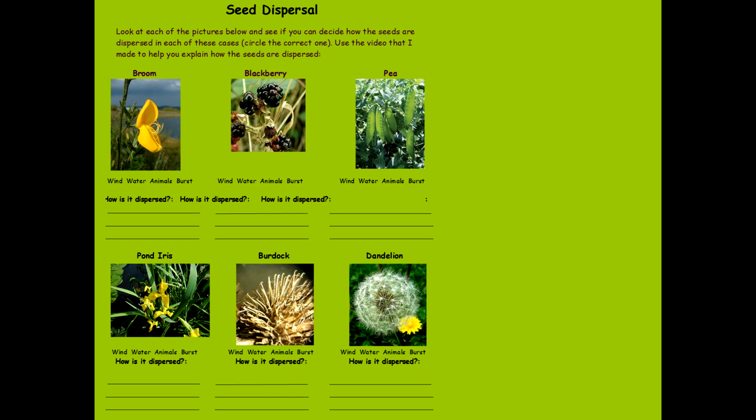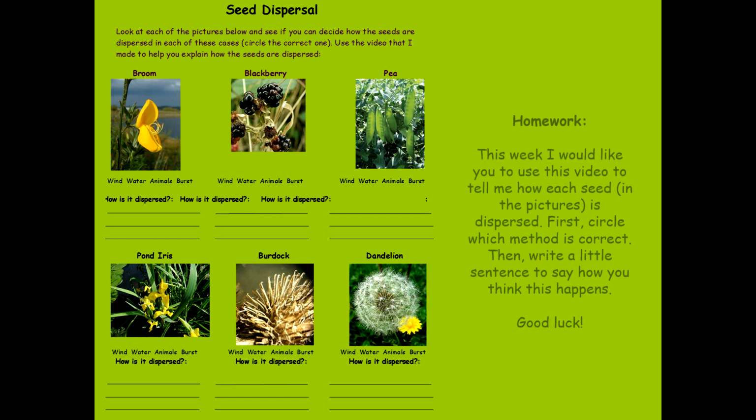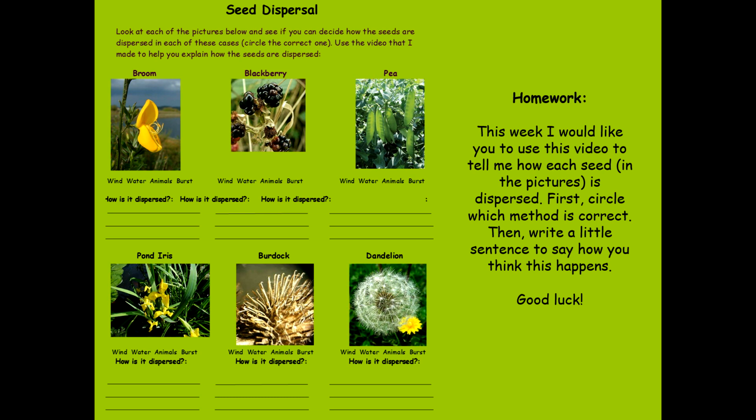Okay, so today we have some new homework for you. I'd like you to use this video that I've just shown you to tell me how each of these different seeds in the different pictures next to you are dispersed. I've used the same pictures.